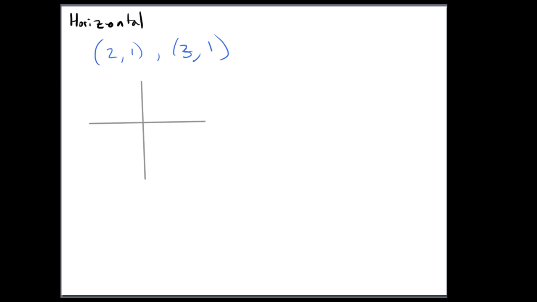Draw my line, 2, 1, there's that, 3, 1, there's that. Connect them. That's a nice little horizontal line. And see how y is 1 right here and y is 1 right here? y is going to be equal to 1 everywhere. And that's actually the name of that line, y equals 1.